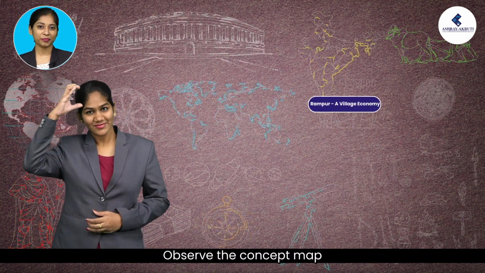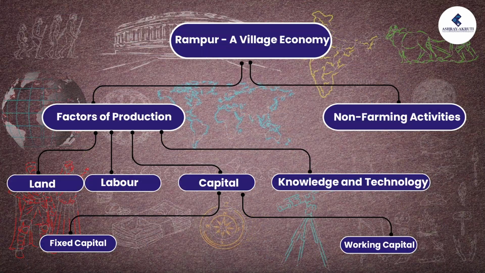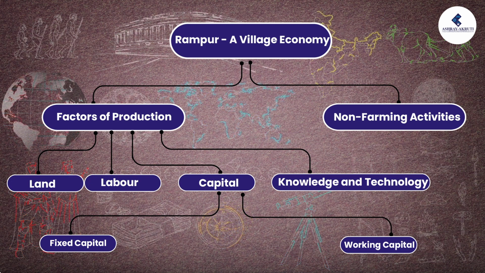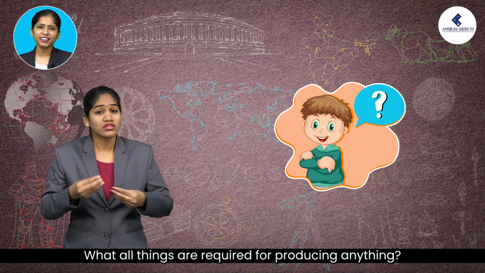Observe the concept map. What all things are required for producing anything?